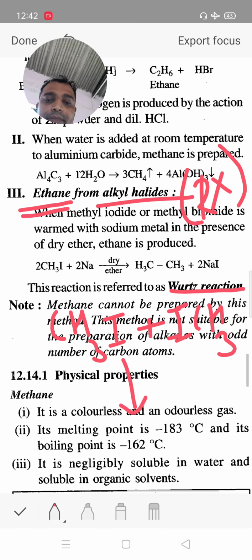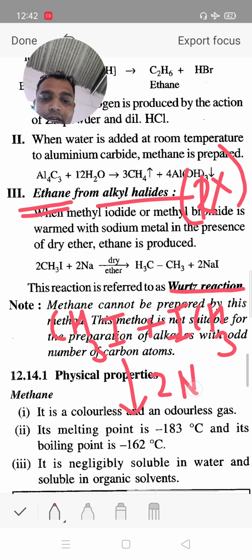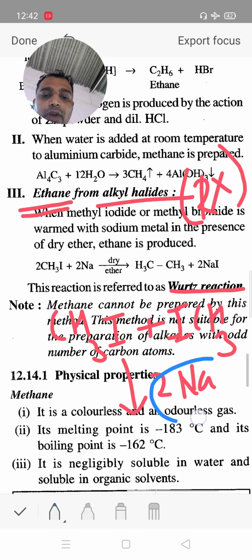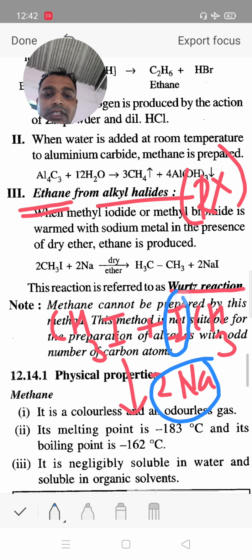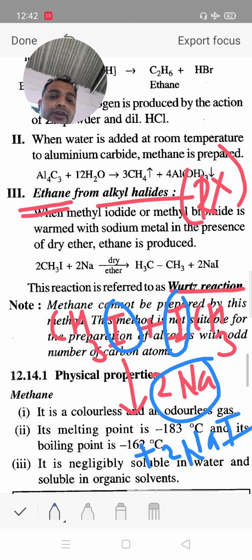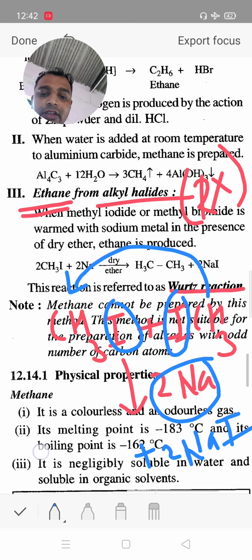When we use methyl iodide 2 times, it reacts with sodium metal 2 times. There are 2 Na attached with the first iodine and second iodine, giving 2 NaI, sodium iodide, as a byproduct. This methyl attaches with another methyl, therefore forming ethane.